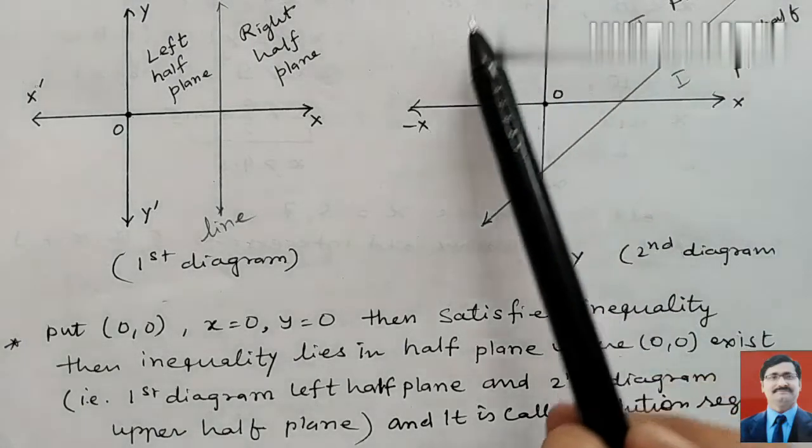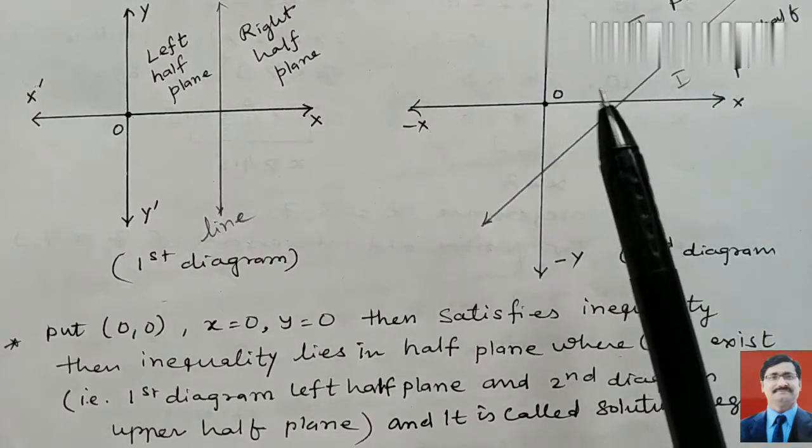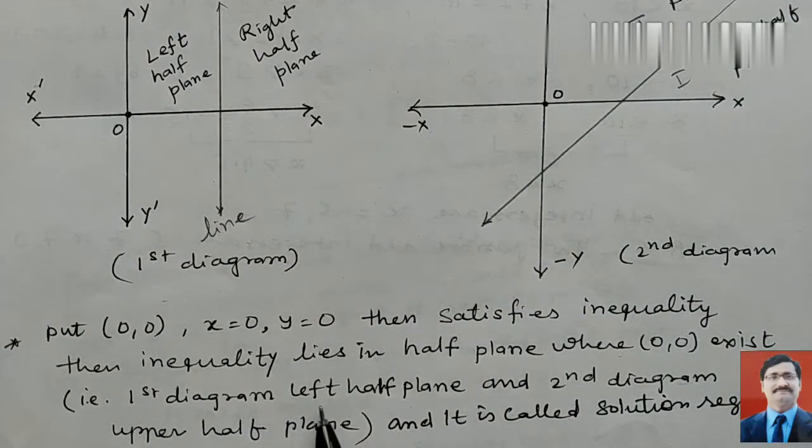So this whole region satisfies the inequality. The first diagram shows the left half plane and the second diagram the upper half plane, and this is called the solution region, where the inequality is satisfied by the point (0, 0). All of you understand this?